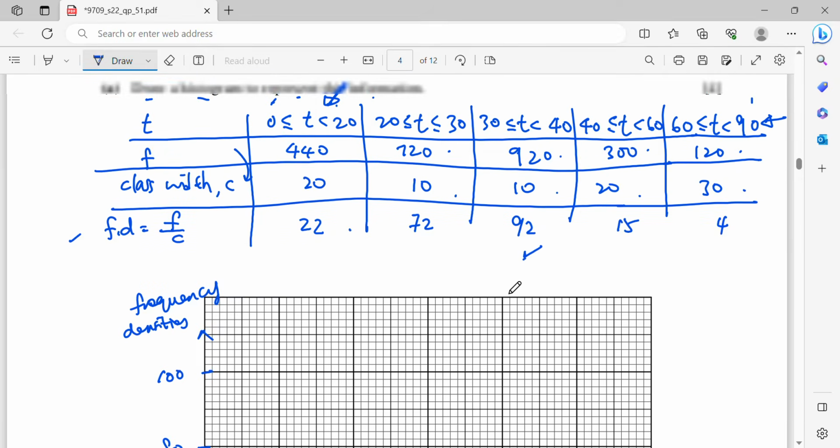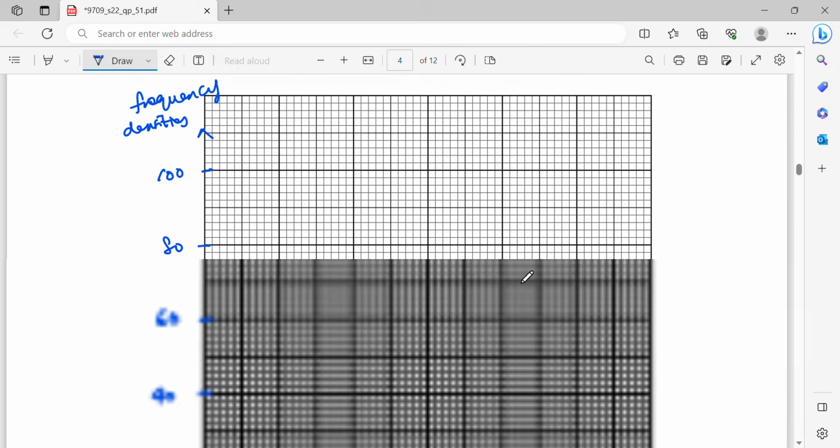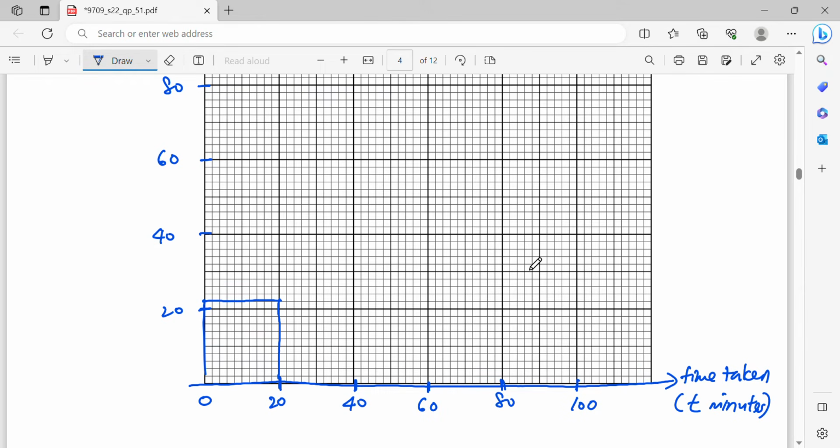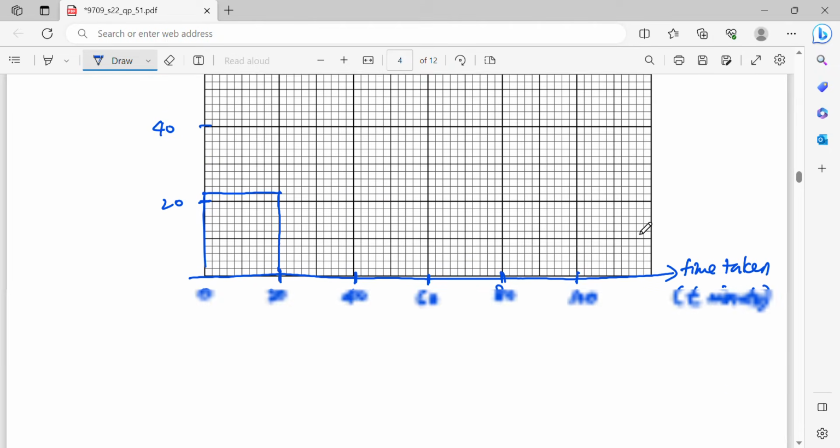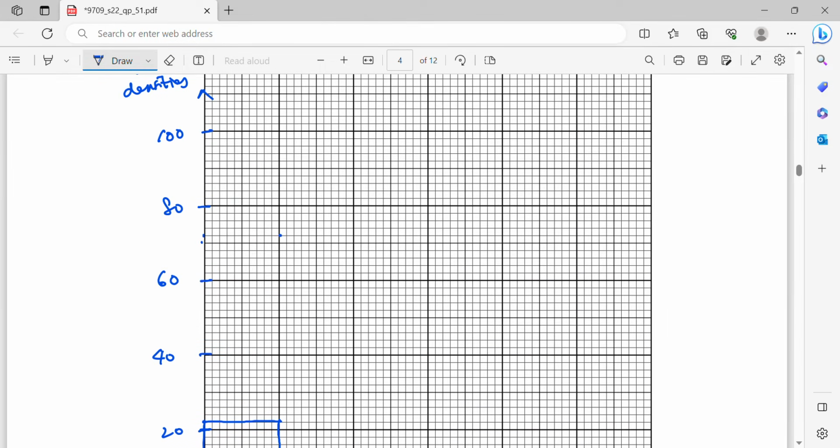Right, now my second bar is going to be 20 to 30. The height is 72. So here is 70, 72. 20 to 40. Sorry, 20 to 30. So it means it is half. So please draw using a ruler.